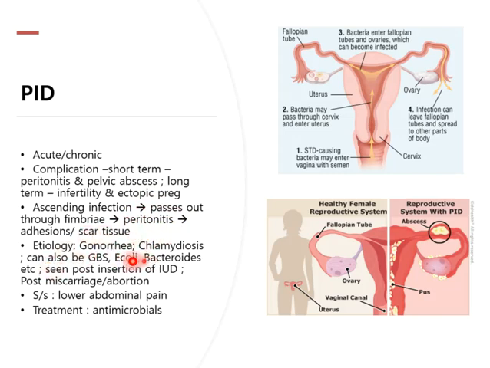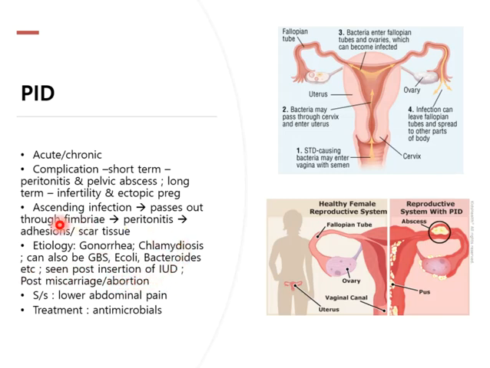The most common organisms which cause pelvic inflammatory disease are gonorrhea, chlamydia, and can also be E. coli, bacteroides, etc. They also include gram-positive bacilli and gram-positive streptococcus, and they are also seen after insertion of an IUD, intrauterine device.